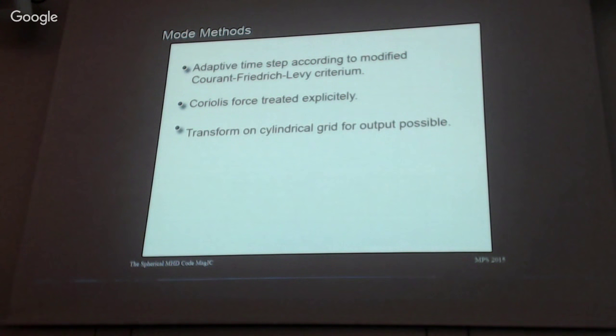Get a huge matrix, which we then have to invert, instead of a lot of small matrices. That's why we keep the Coriolis force explicit. That means we take the Coriolis force from the last time, put it on the right hand side, and then just calculate what is the contribution to the specific degree and order you want to solve for. That's why we do it.